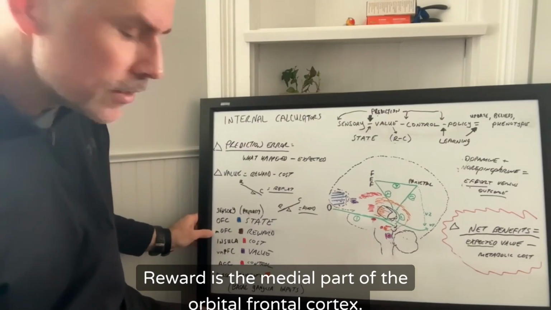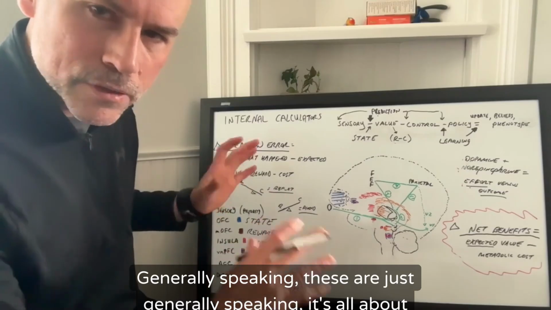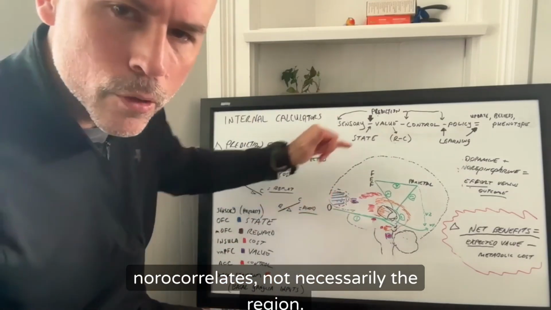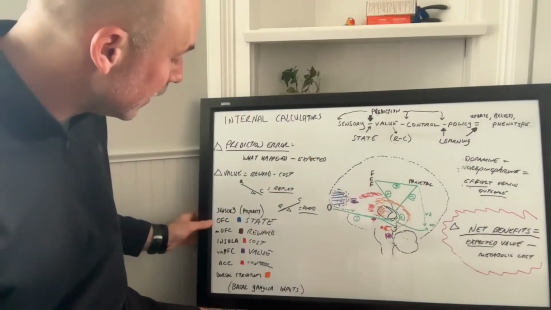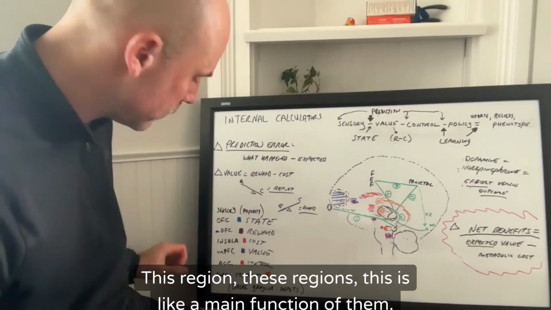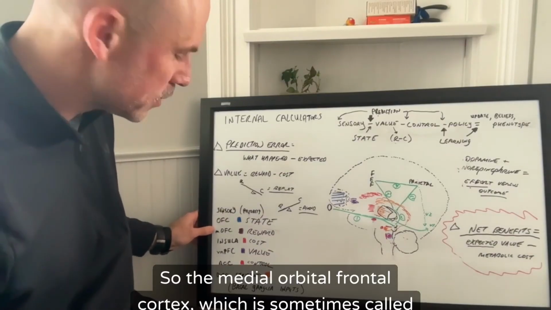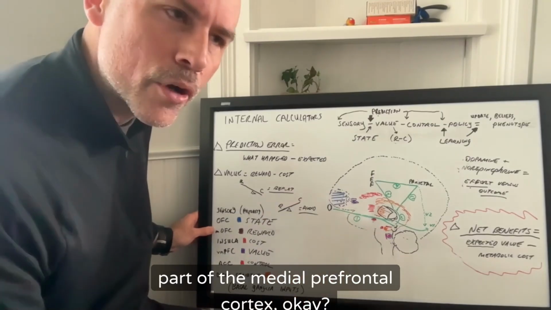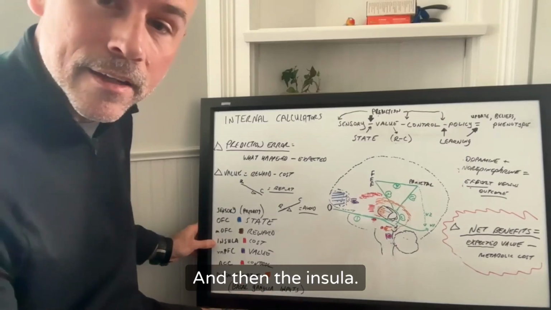Reward is the medial part of the orbital frontal cortex. Generally speaking, these are just generalizations. It's all about neurocorrelates, not necessarily the region. But these regions have this as a main function. So the medial orbital frontal cortex, which is sometimes called part of the medial prefrontal cortex. And then the insula.